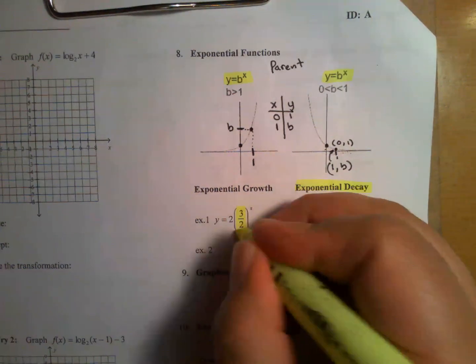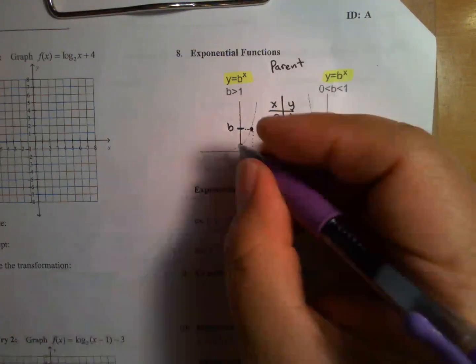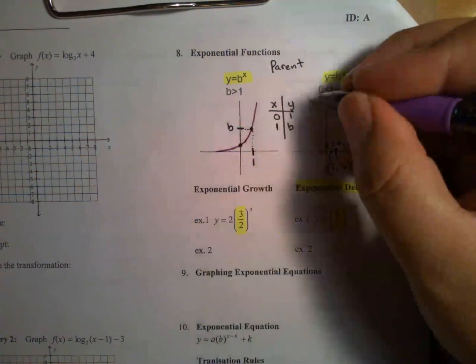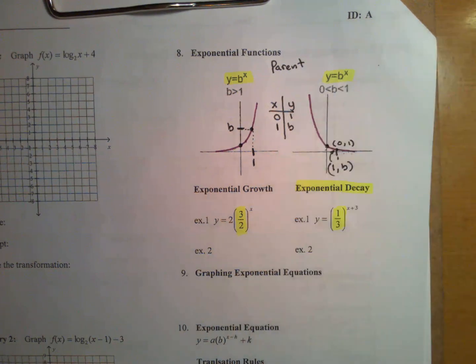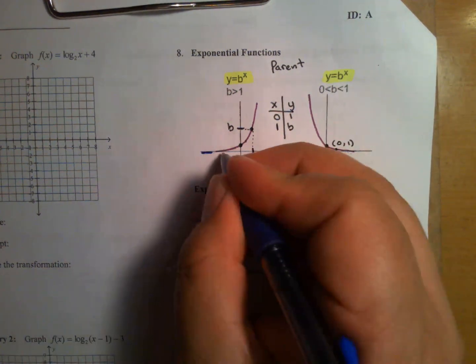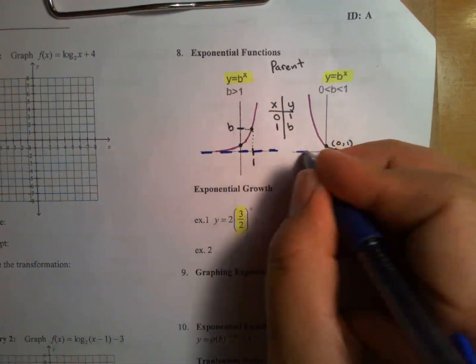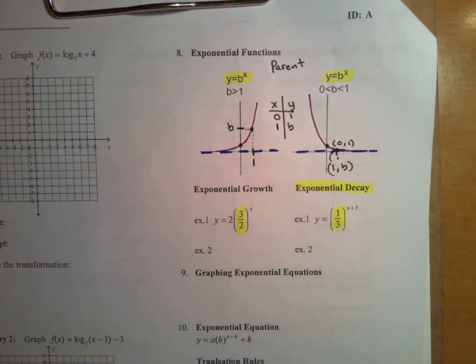Same thing here. This one was exponential growth. This would be the airplane taking off right here, right? It's kind of like an airplane taking off. This one would be kind of like an airplane coming in for landing. But when we talk about taking off and coming in for landing, it means you need a road for it to take off from, or you need a road for it to land on. And that's where the asymptote always kicks in.